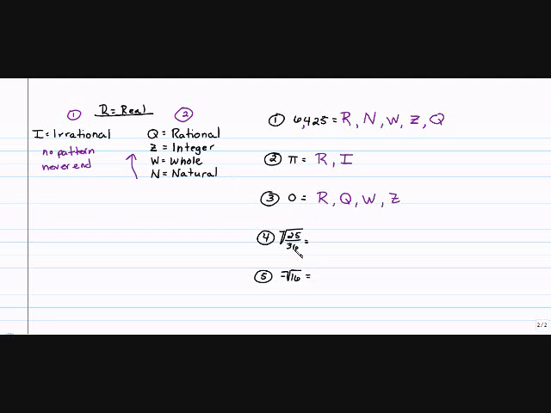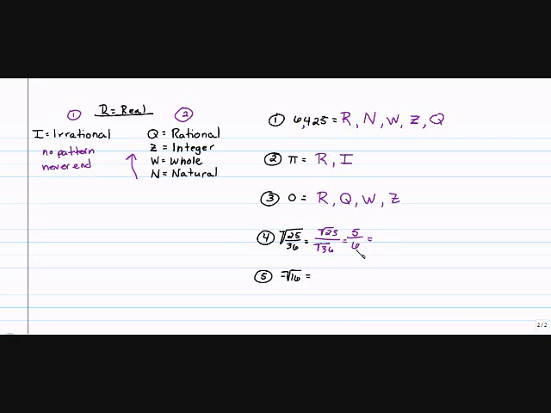Here we see a square root. We have to solve the square root first. In order to solve the square root, I have to find the square root of both 25 and 36. 25 and 36 are perfect squares. I'm going to take them individually. The square root of 25 is 5, and the square root of 36 is 6.